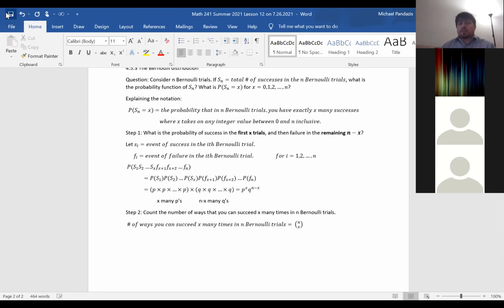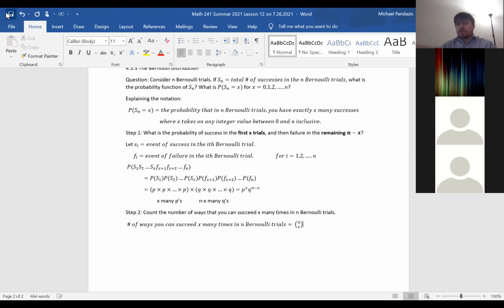So for instance, if you had 3 trials and you want the first and third to be a success, you don't need first, then third, then third, then first. You just need the first and third to be successes and the second to be a failure. There's no order involved in which of the ones are successes. The numbers are just denoting the fact that they're different trials.